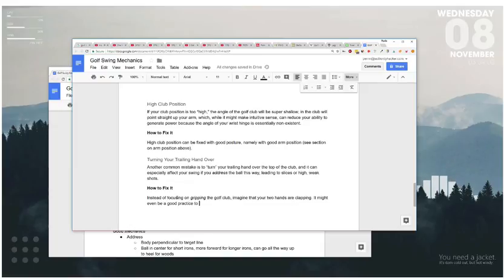It might even be a good practice to let the club rest between your hands while you keep them flat as if you were actually clapping.